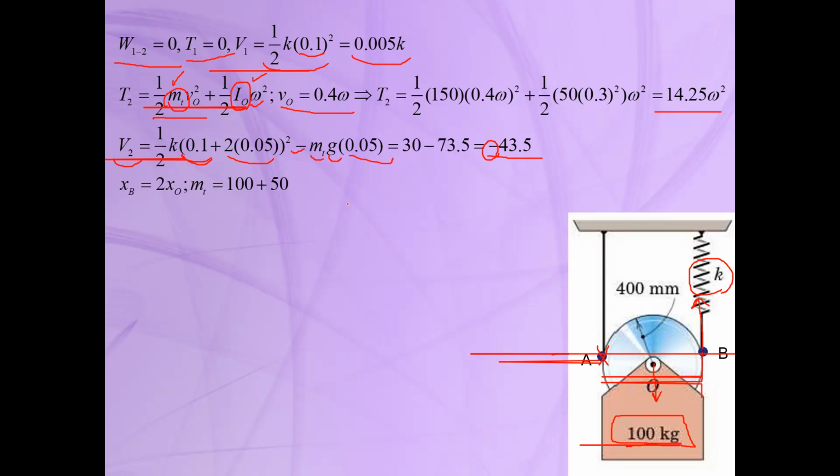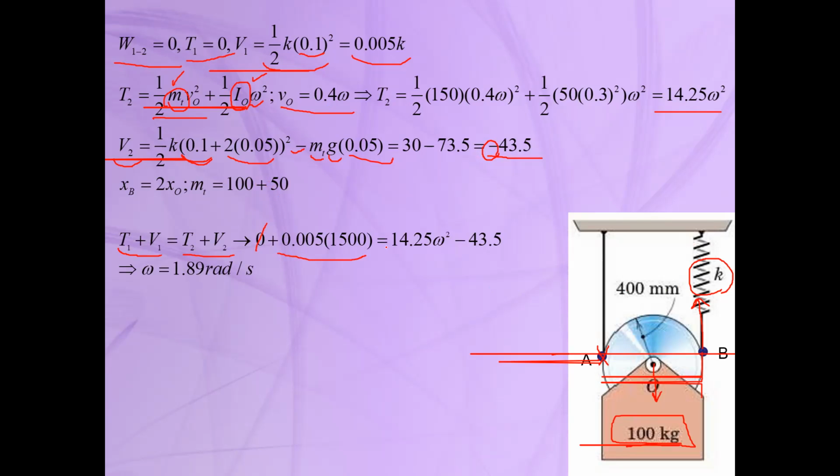Okay, now we can substitute into the energy and work equation. W is equal to 0. So T1 plus V1 must be equal to T2 plus V2. We have T1 is 0. V1 is the initial potential energy due to the initial stretch, which was 0.1 meter.